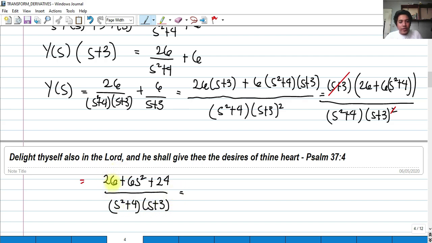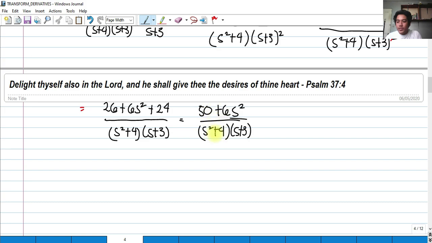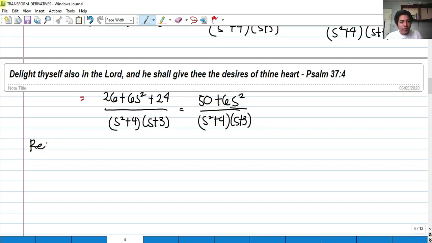Further simplifying, 26 plus 24 is 50, plus 6s squared, all over s squared plus 4 multiplied by s plus 3. So what are we going to do? We're going to resolve this into partial fractions, because we're going to get the inverse Laplace of that.